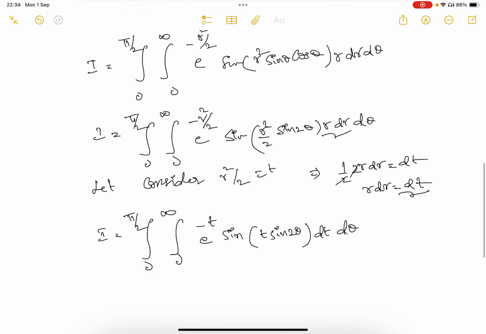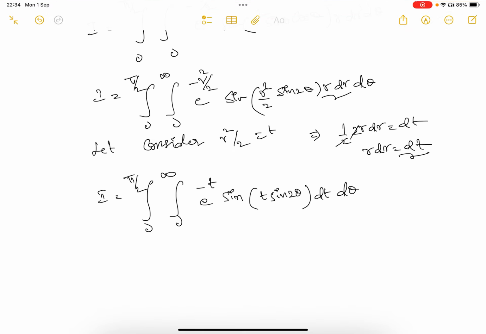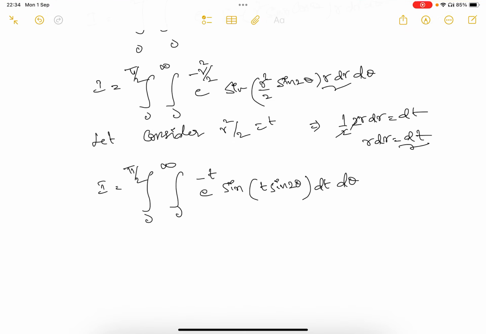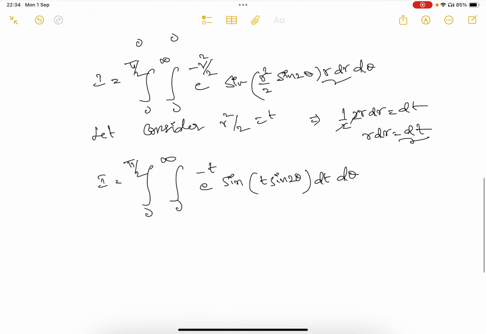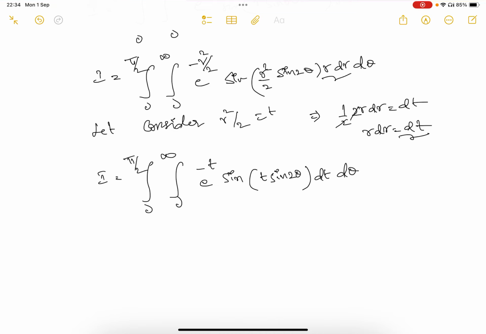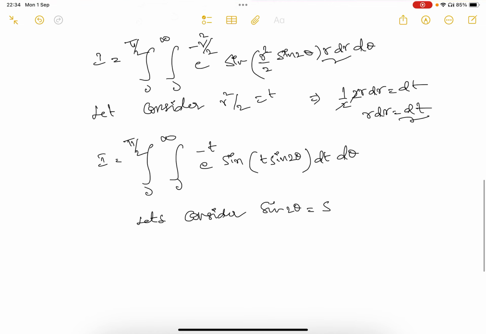Let's consider here, we will calculate the t term first. We are not substituting any limits, we are just evaluating this t integral first, and then sine 2 theta will be a constant.